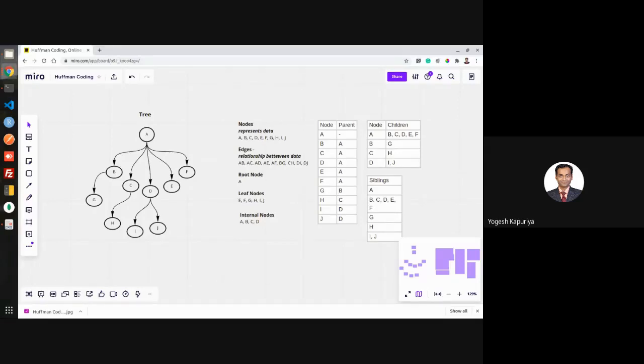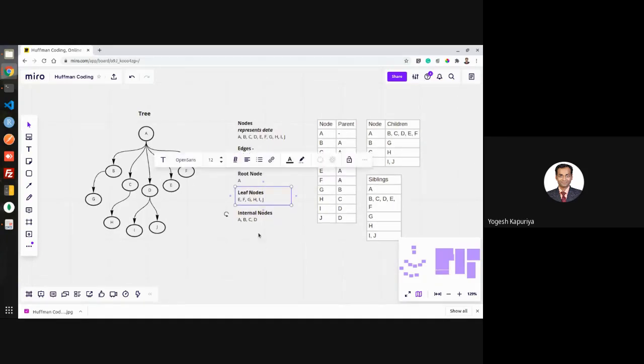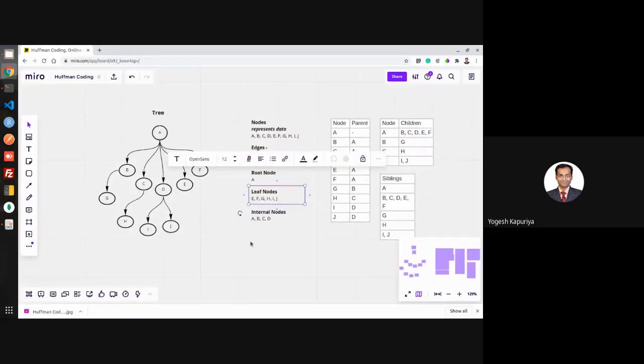Right? So you might have observed that A is a root node, still it is also an internal node. So that is to be understood.